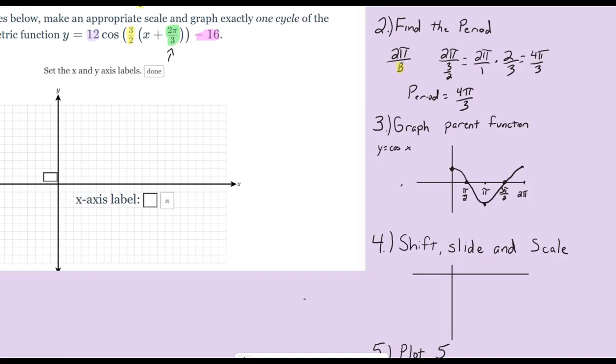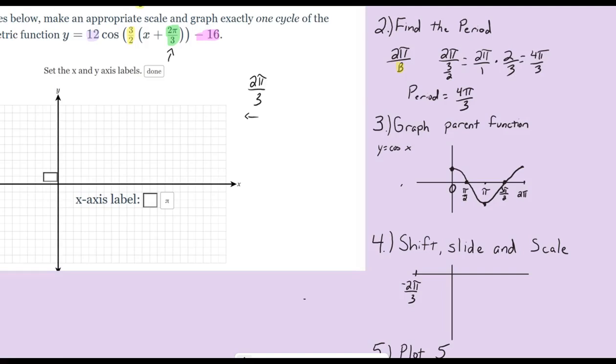That's telling me that I'm moving 2 pi over 3 left, because we're adding 2 pi over 3. So what's 0 here will be negative 2 pi over 3 over here. Now what's the period? How long will it take to complete one full cycle, just like we see here?